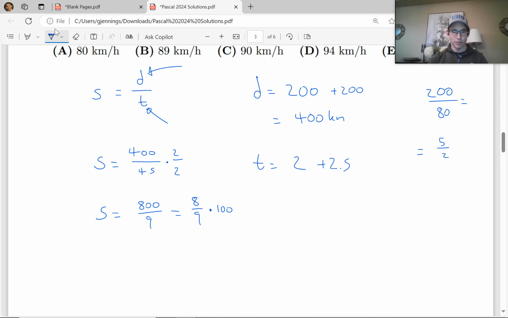I want a decimal, and so 8 on 9 is 0.888, all repeating, multiplied by 100, which is the same thing as 88.888 and so on. So it's equal by rounding to 89.